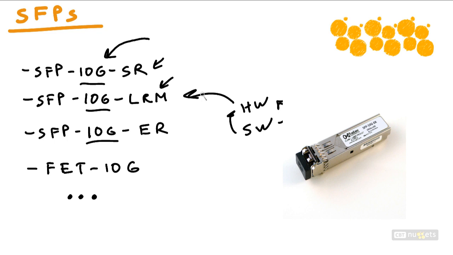For example, here on screen you can see I've written the Fabric Extender Transceiver 10G. This is supported only on fabric uplinks from a Nexus 2000 device to the parent device, which obviously we know is going to be a 5000 series device.